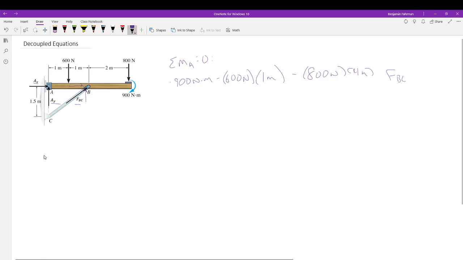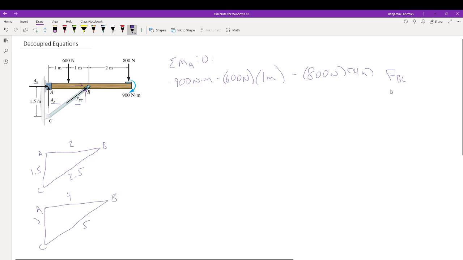If we look at this triangle here, this is point A, this is point C, this is point B. This is 1.5, this is 2. If we use Pythagorean theorem, we'll find that this is 2.5. This is similar to a 3, 4, 5 triangle.